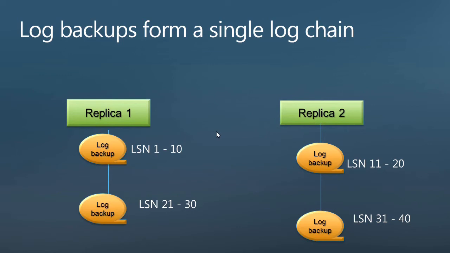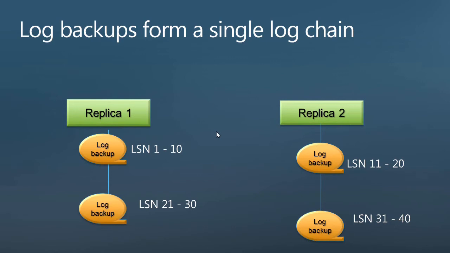You'll notice the designation LSN 1 to 10, 11 to 20, etc. Those represent log sequence numbers, and log sequence numbers are designations for what transactional data is in that backup file. So what transactions were included in that transaction log backup. And you'll notice that the log sequence numbers don't overlap.